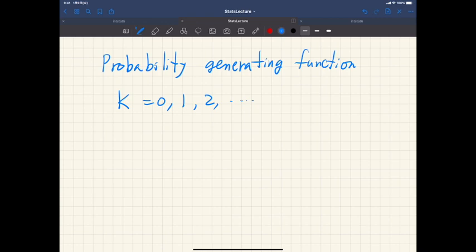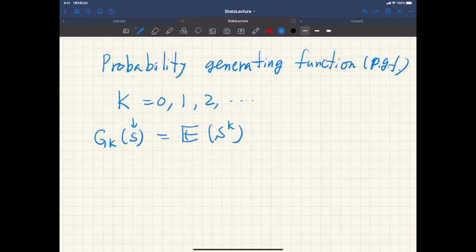So the probability generating function, or simply PGF, is defined as this, which is the expectation value of s to the power of K. Sorry, this k should be uppercase. So this s is a variable here, but it doesn't have any meaning.